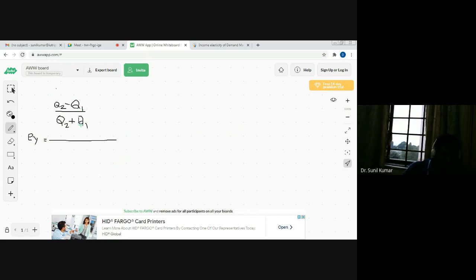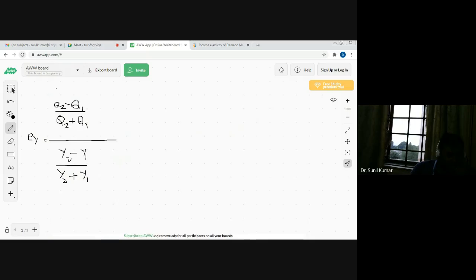After that, Y2 minus Y1 divided by Y2 plus Y1. A simple formula. This is the very simplest formula we can say.